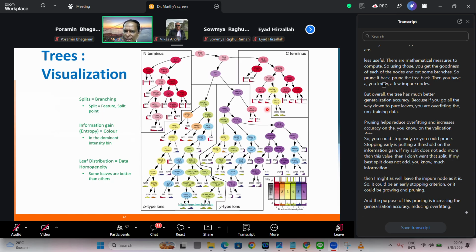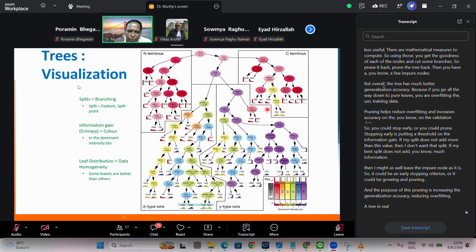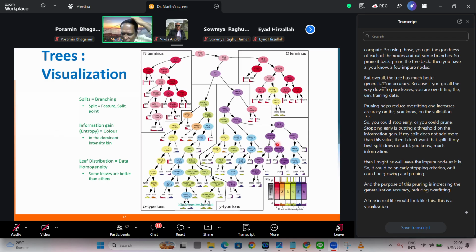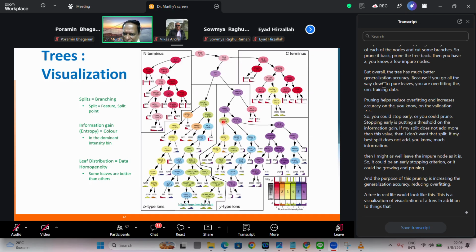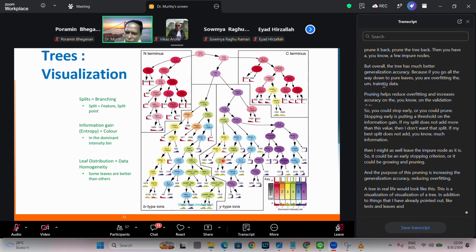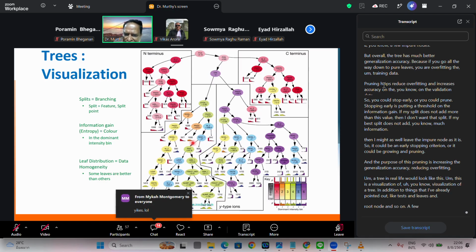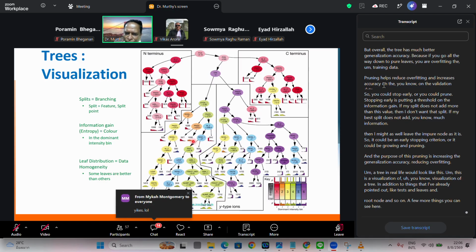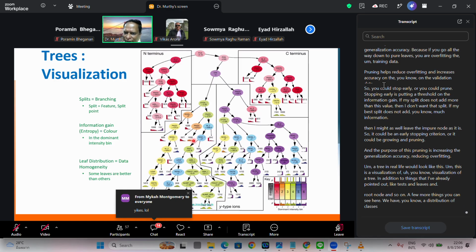A tree in real life would look like this. This is a visualization of a tree. In addition to things that I have already pointed out, like tests and leaves and root node and so on, a few more things you can see here. We have a distribution of classes, different classes.